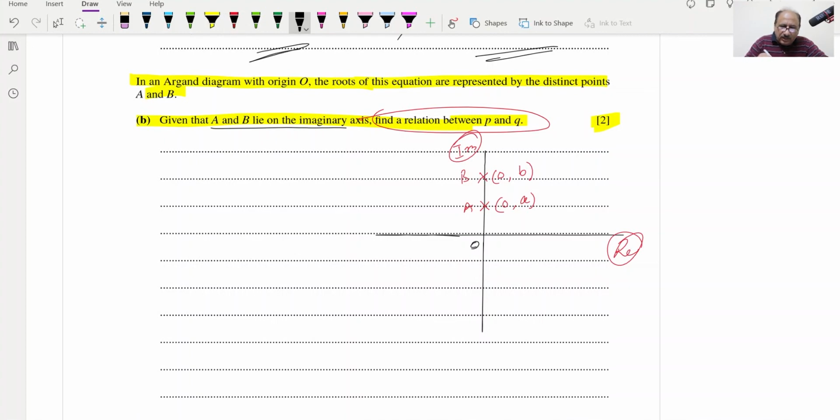So we can write A as 0 plus a iota, and B can be written as 0 plus b iota.